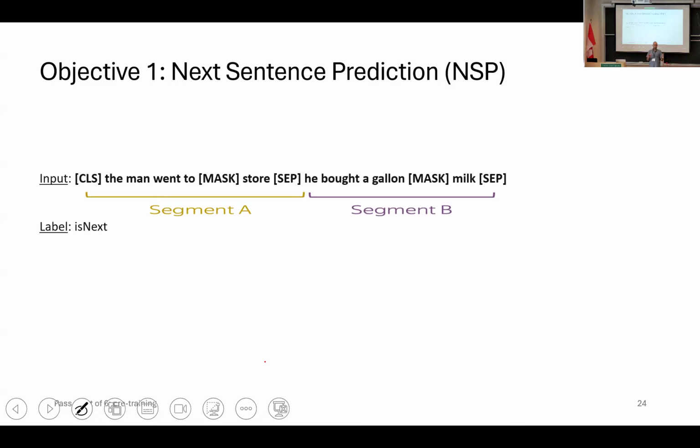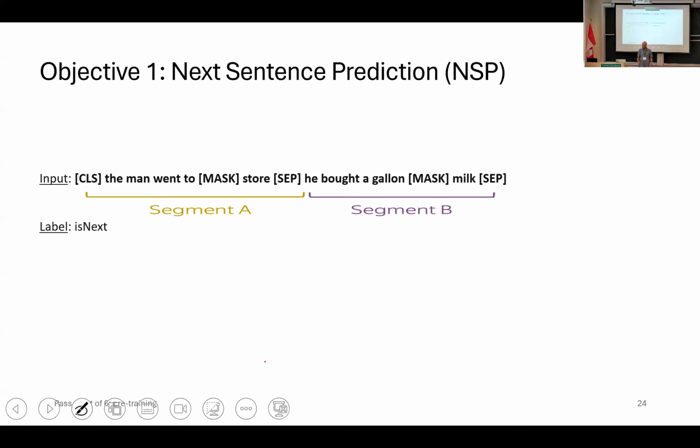Question? Yes. Maybe I missed it, but maybe an introduction of the CLS and SEP tokens? Yeah. CLS is the token that represents the beginning of a sample, the beginning of a sentence pair.